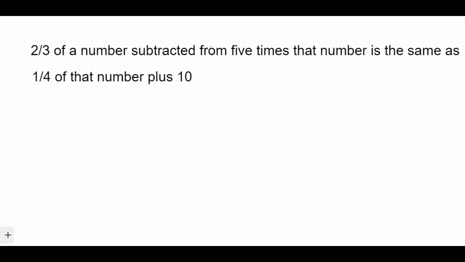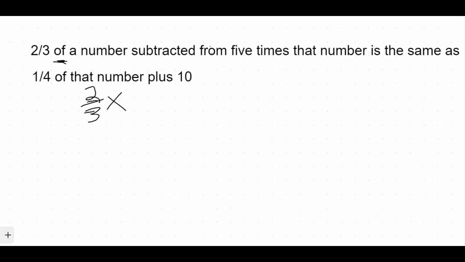Now, the important thing there is the word of. So if you don't know this, the word of actually means to multiply. So if I have 2/3 of a number, that means I'm going to take 2/3 times x. So 2/3 of a number is just 2/3 x.